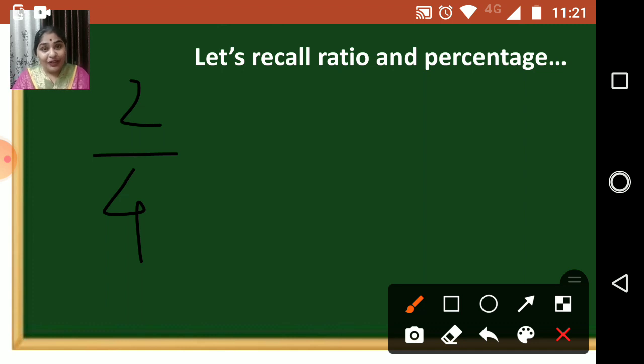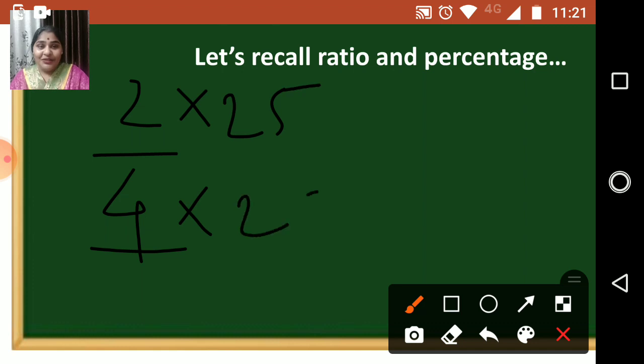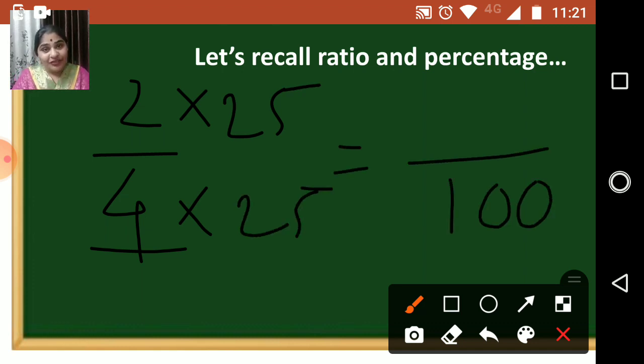So everyone knows how to convert it, right? Either we make the denominator 100, right? So how to make it? I will multiply numerator and denominator by 25, right children? So the denominator 25 into 4 will be 100, and 25 into 2 will be 50, right?